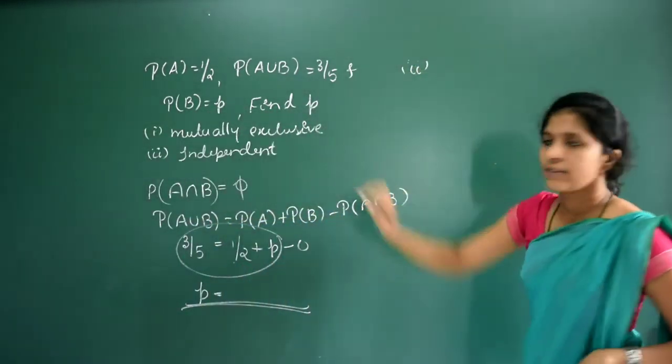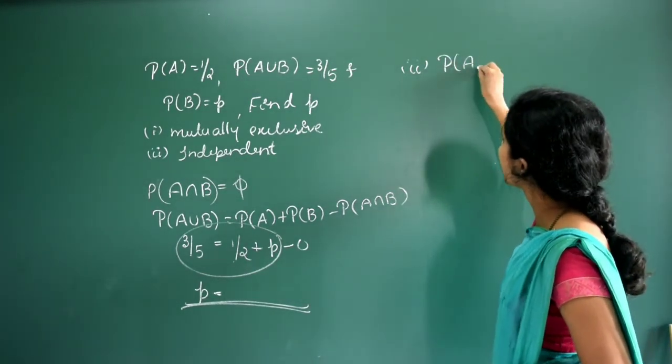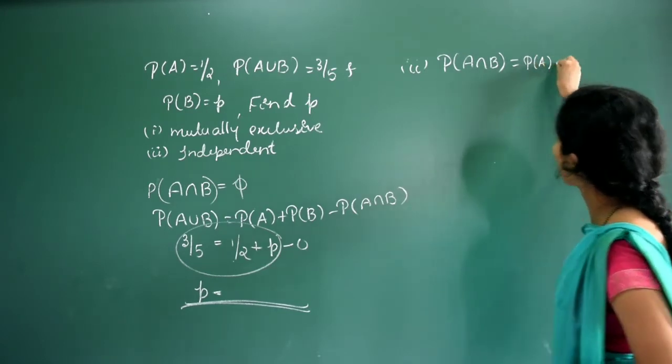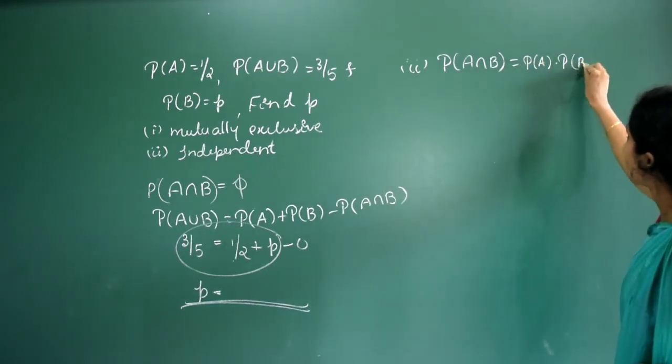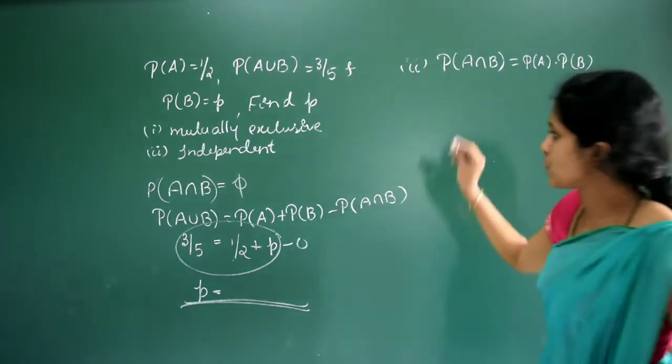Second one is they are independent. Independent is nothing but P of A intersection B should be equal to P of A into P of B. Right? We'll substitute there.